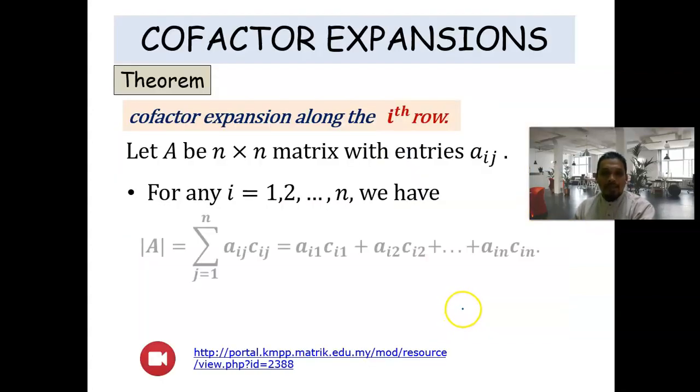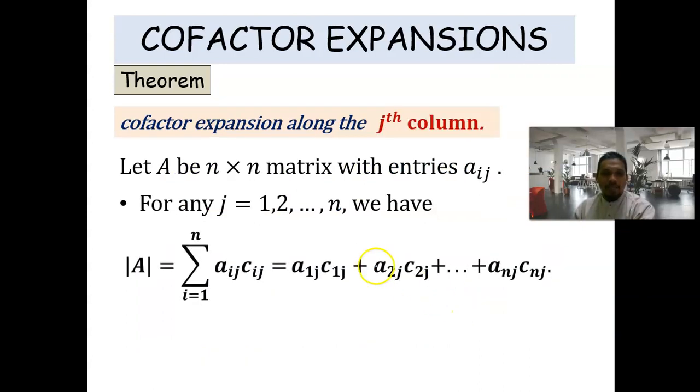Okay, so the cofactor expansion here: the determinant of A equals the summation of the element aij multiplied with the minor of aij.